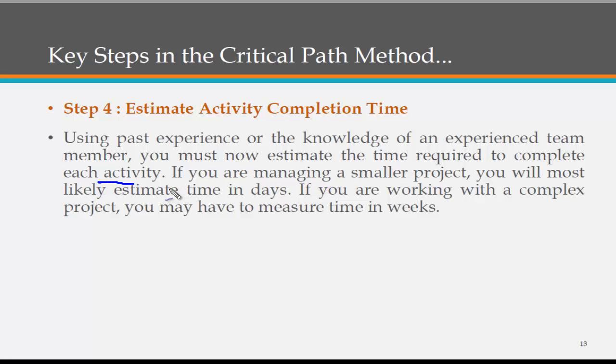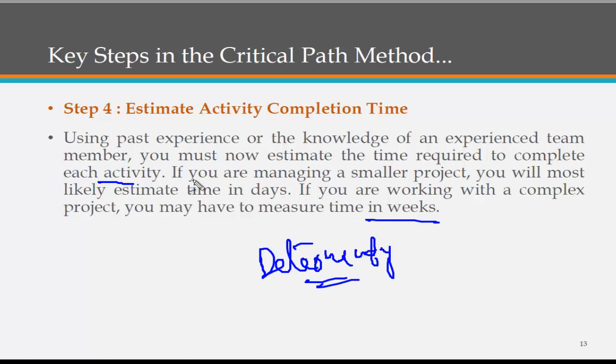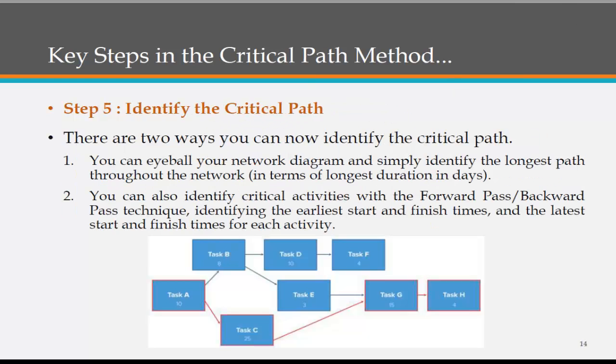For example, if I manage small projects, you will likely estimate time in days. But if you're working on a complex project, you may have to measure time in weeks. But you know it because it's a deterministic model where we know how much time an activity takes. So by that we can create the estimated activity completion time.